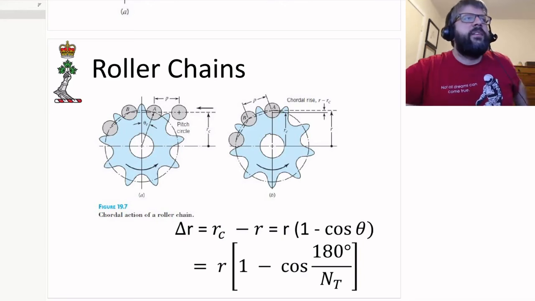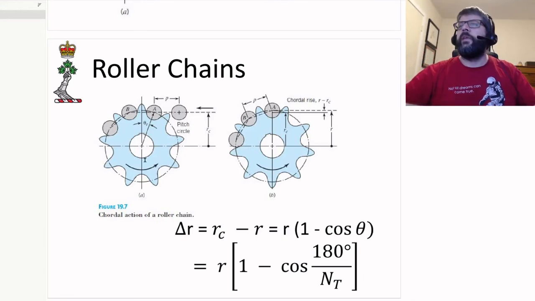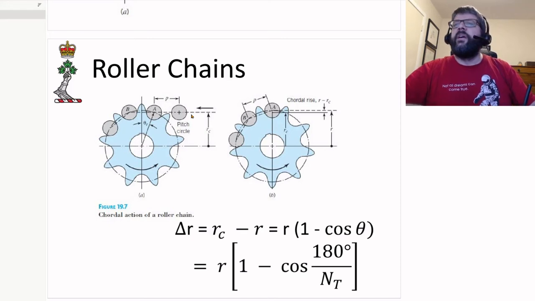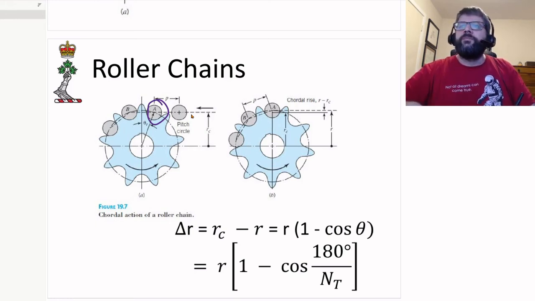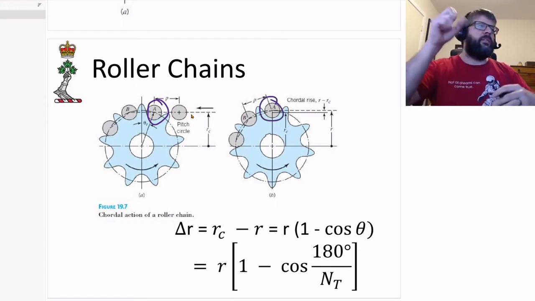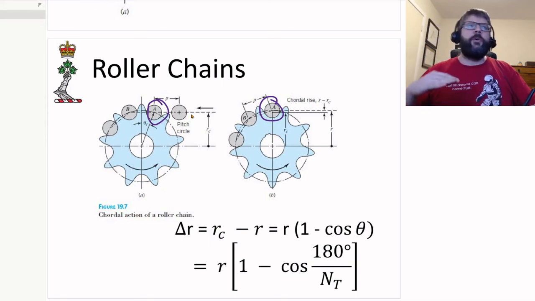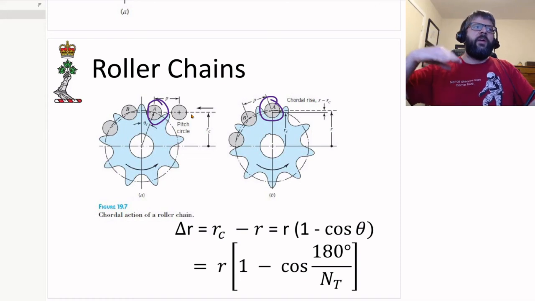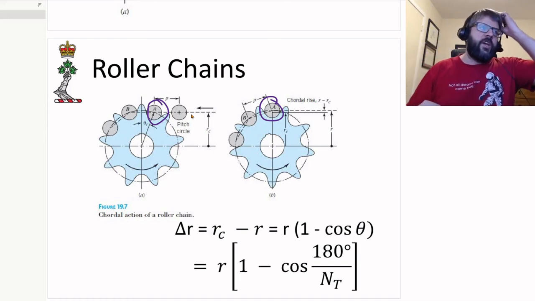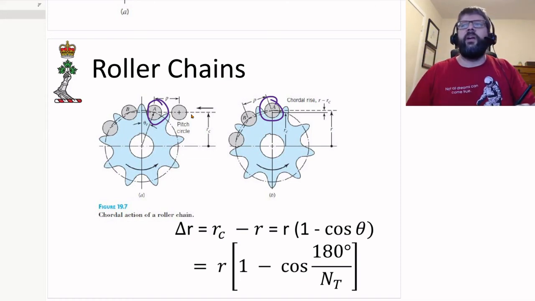So one thing you'll see with the roller chains is, if you look at the position of the roller when it first comes into full contact with the sprocket versus the position when it is at the top of its rotation there, it gets pushed up a little bit. So effectively, you get a change in the effective radius there.